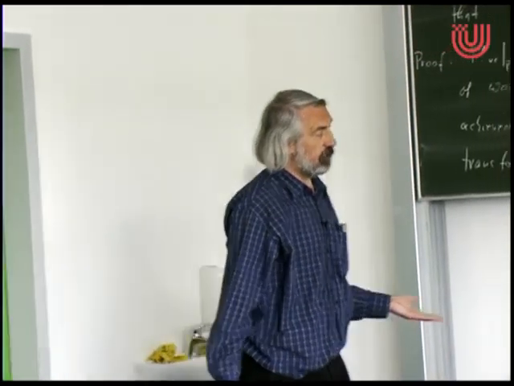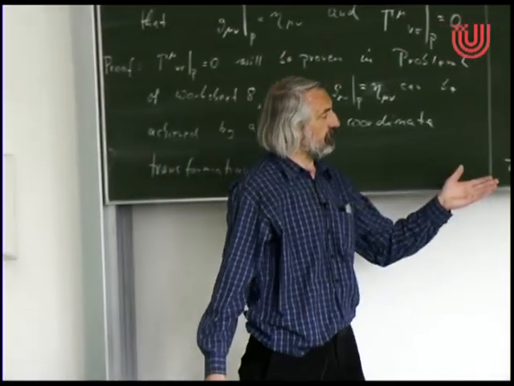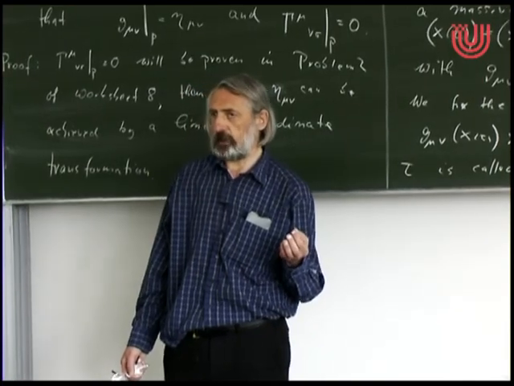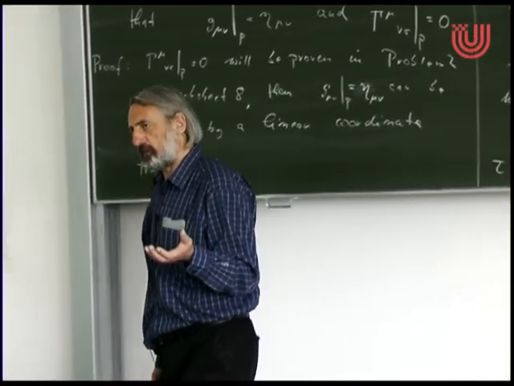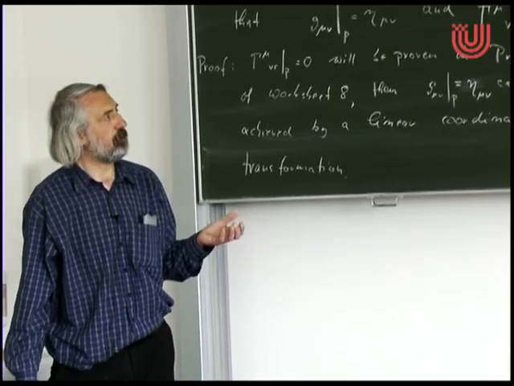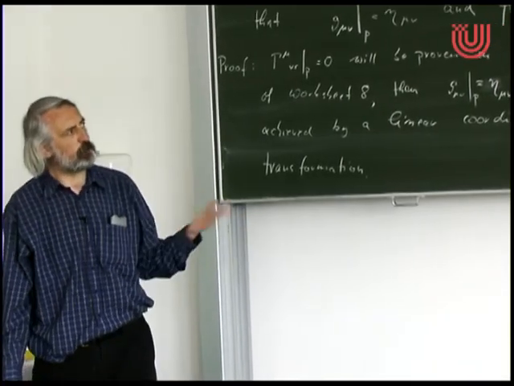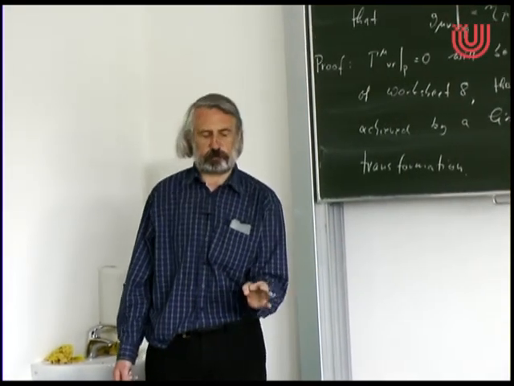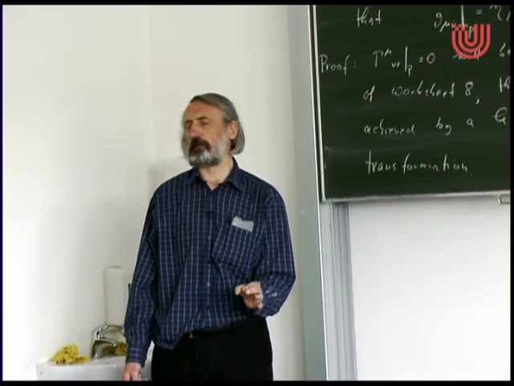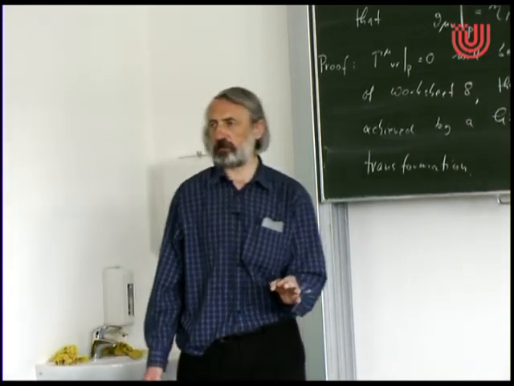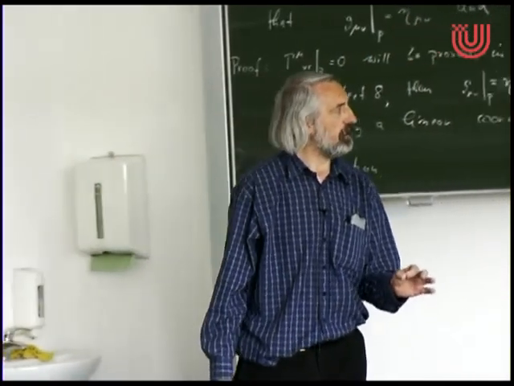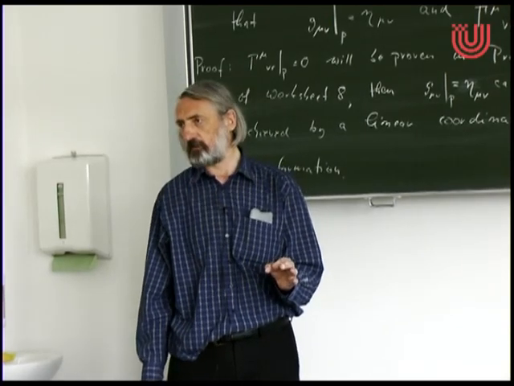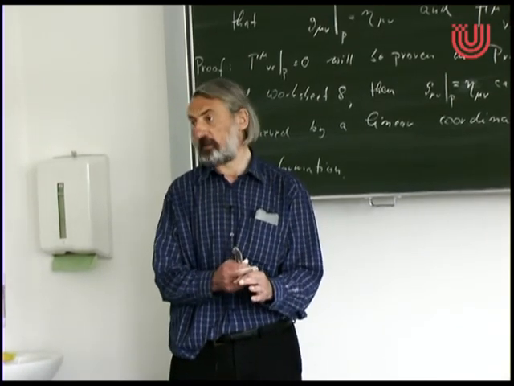So the best thing we could do is consider particles which are affected only by gravity, by nothing else. And that's what we call freely falling particles. They should be the ones which come as close to the inertial motions as possible. So in very small regions, they should move like the straight lines in special relativity. And this is realized by the geodesics. The geodesics are the curves which are as straight as possible.